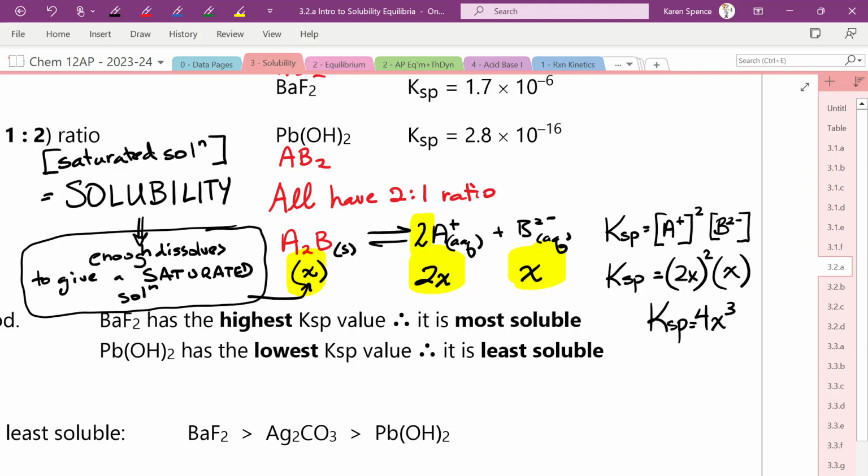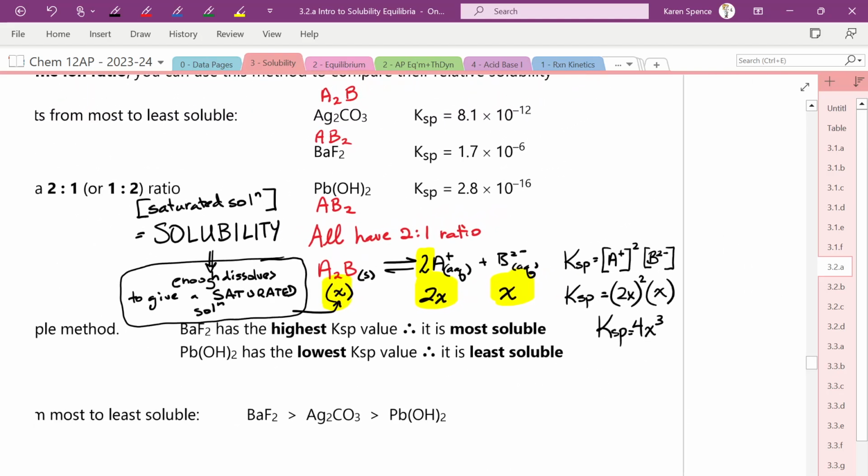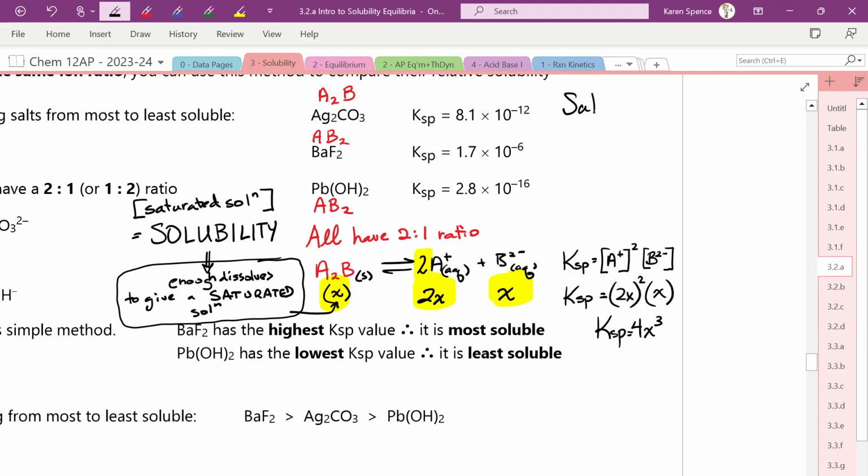So in this case, saturated solution. What is a saturated solution? It means it has the maximum amount of dissolved solute. Okay? Let's write that down somewhere. A saturated solution contains the maximum dissolved solute. So basically, the concentration of a saturated solution is the maximum concentration.